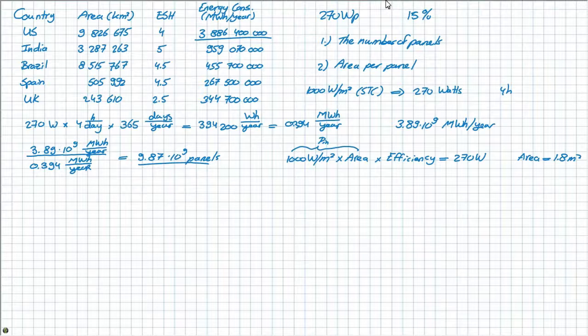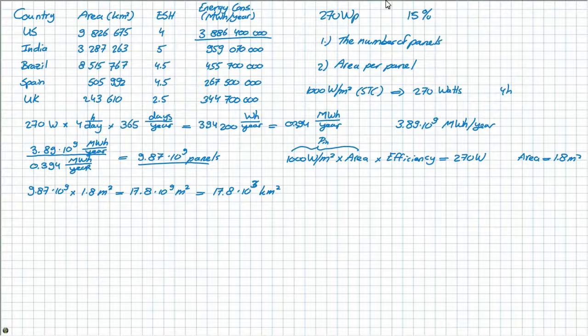So then the total area for all panels would be the number of panels times the area per panel. Now let's do this. We have 9.87 times 10 to the 9th panels, and we do this times 1.8 meters squared. And this gives us 17.8 times 10 to the 9th meters squared, which is the same as 17.8 times 10 to the 3rd kilometers squared.